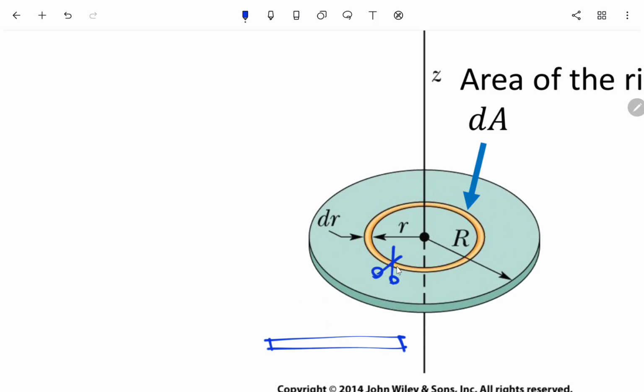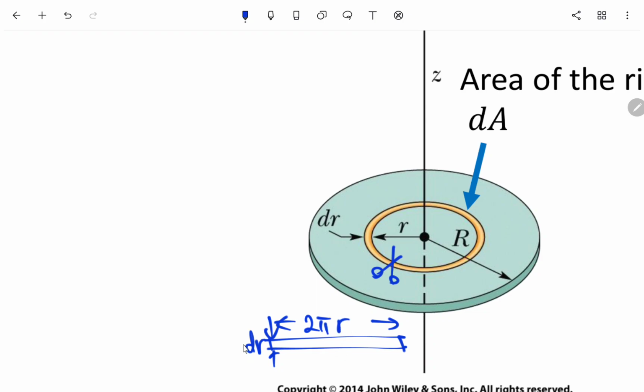So the height of this rectangle will be dr, which is the thickness of this ring. And the width of this rectangle will be the circumference of the circle, which is nothing but 2 pi small r.